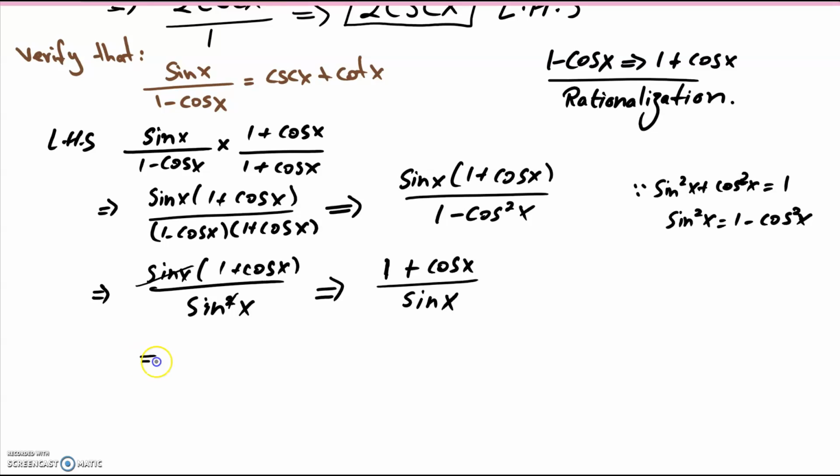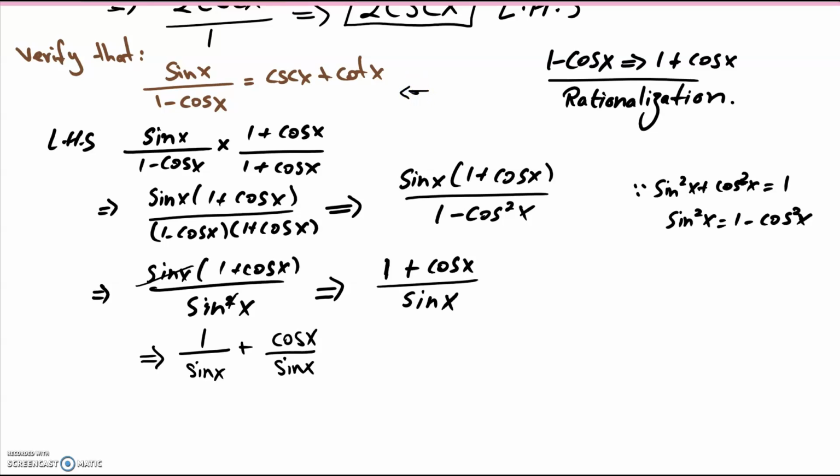You will have 1 over sine x plus cos x over sine x. If you remember, when we make the same denominators, we just combine them and end up with this. So we are just doing the reverse process, so we can simplify these terms and try to get the right hand side, the one we have right here.